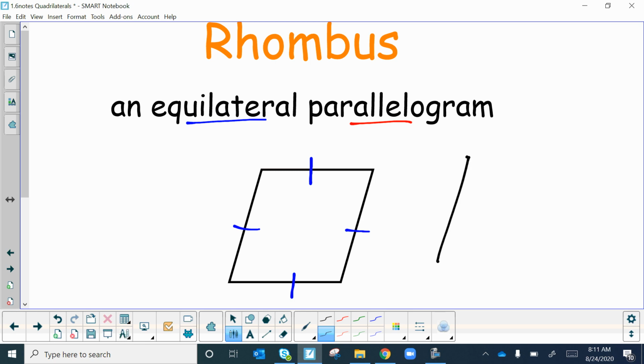Of course, when you have a rhombus, all four sides are equal, and technically you can show these symbols as well, but they're not required, because rhombus number 1 over here has enough markings, okay? Rhombus number 2 over here is still correct, but you don't need all of those parallel symbols. So a rhombus is an equilateral parallelogram.